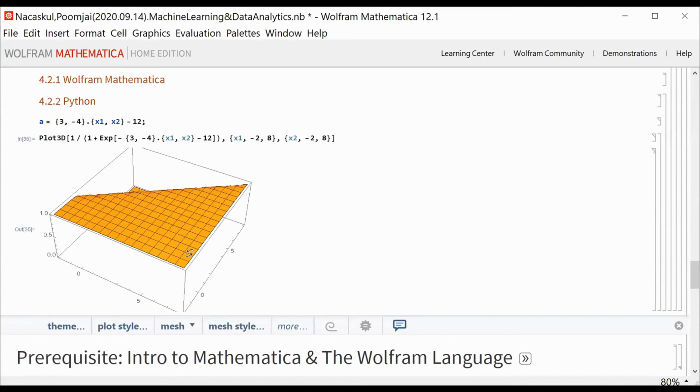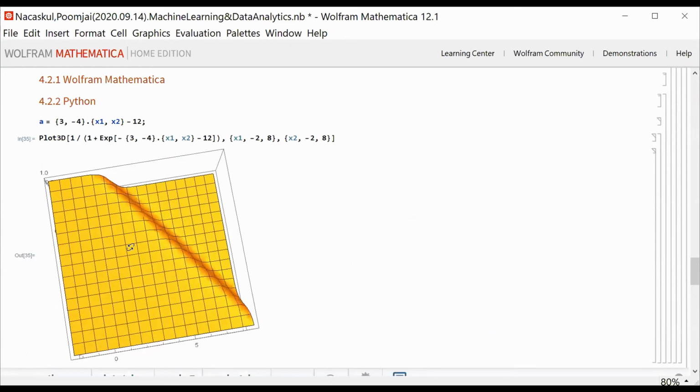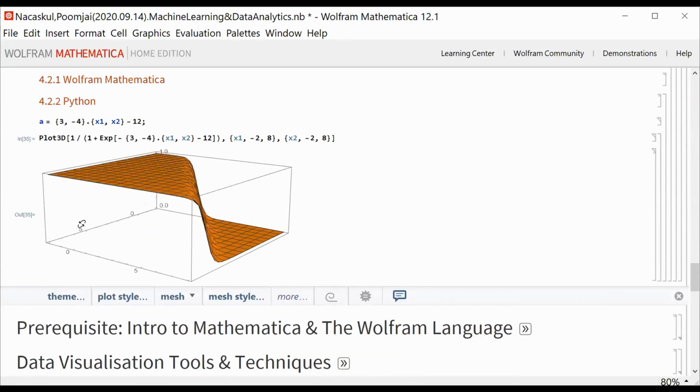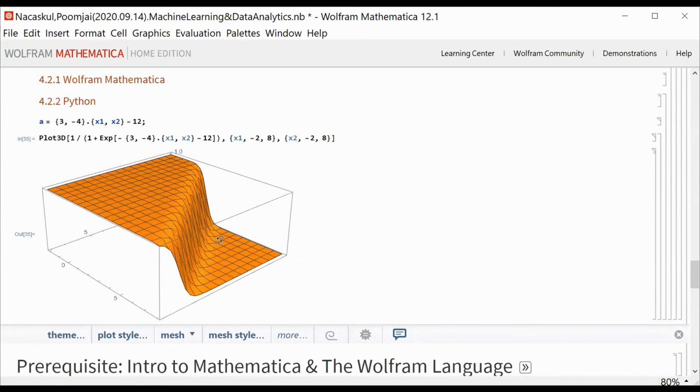See? This is the line that you get, right? So where are my passing students? Over here. Where are my, right? Okay, so you can see that this is what I mean by a partition, right?